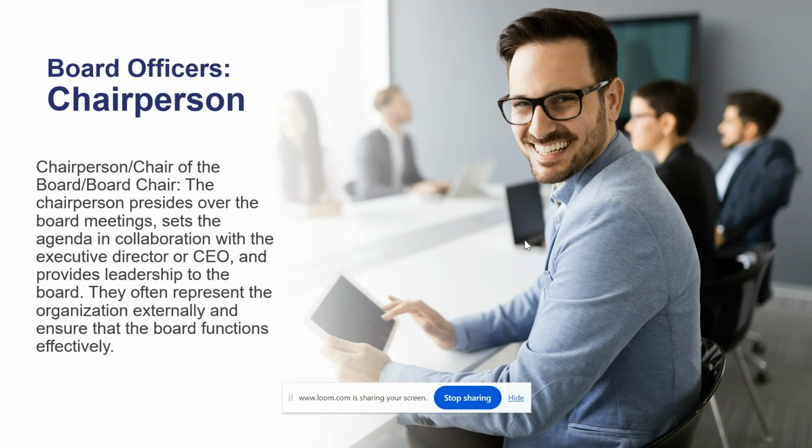Starting with the board president or the chairperson. So the chairperson or the president, they preside over the board meetings. They are the ones that usually will talk to the executive director the most. Oftentimes, they will also sort of be the face of the organization when it comes to media or representing the organization in meetings.